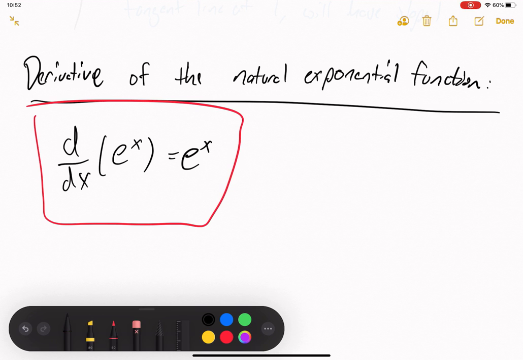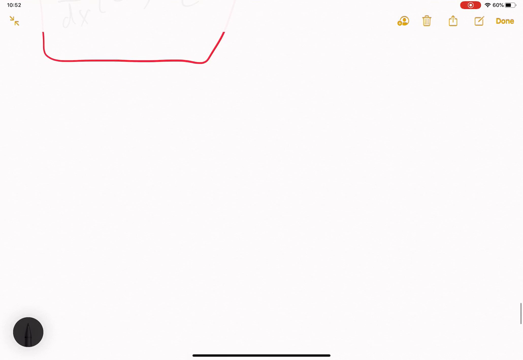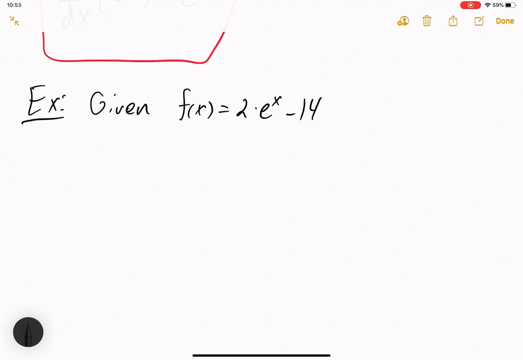So one last example to work with: given f of x is equal to 2 times e to the x minus 14x, you want to find f prime and f double prime. So f prime of x is going to equal d/dx.